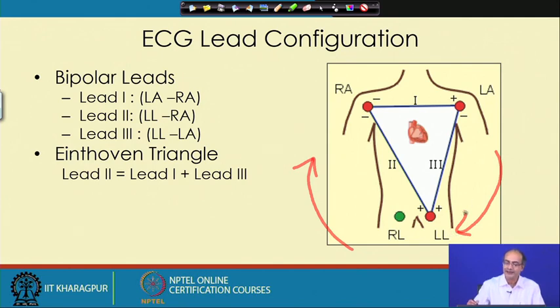So, if we add them together, now it becomes the configuration like lead 2. If we vectorially add that, we can also see that in the graph. Now this one, as it forms a triangle, has been given the name of the inventor of the ECG signal, Einthoven, and this triangle is known as Einthoven triangle.